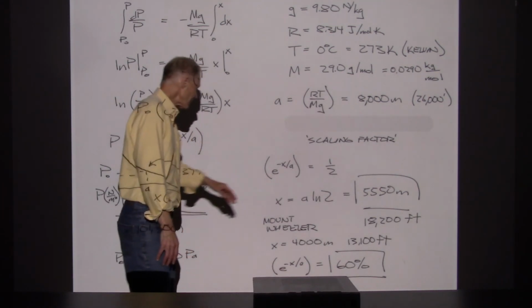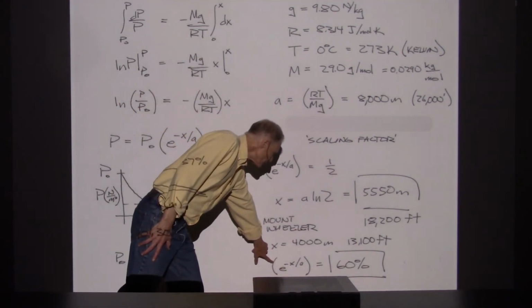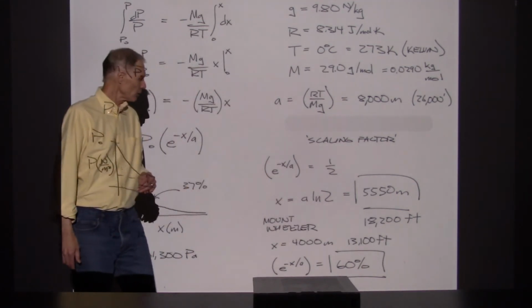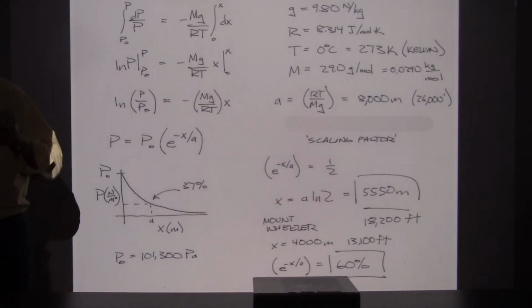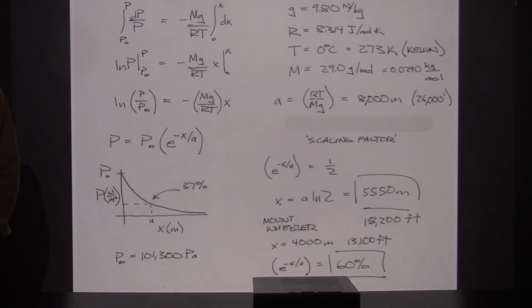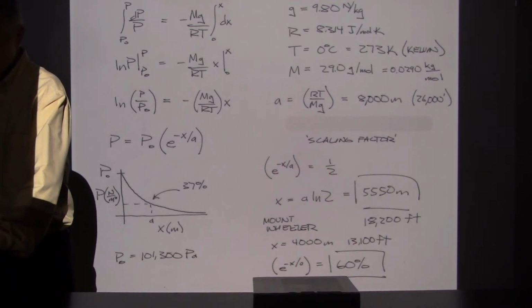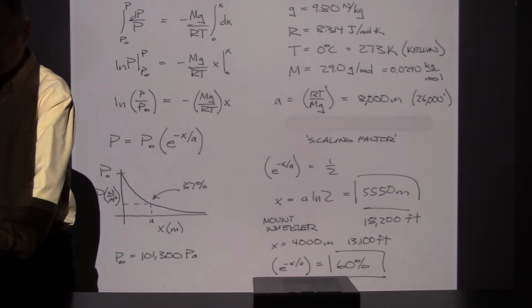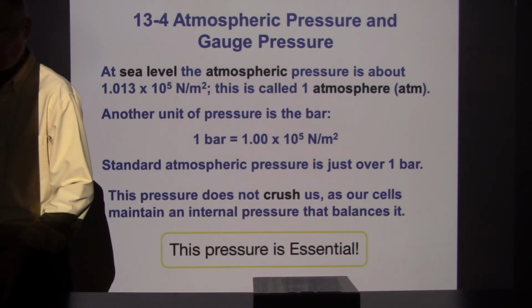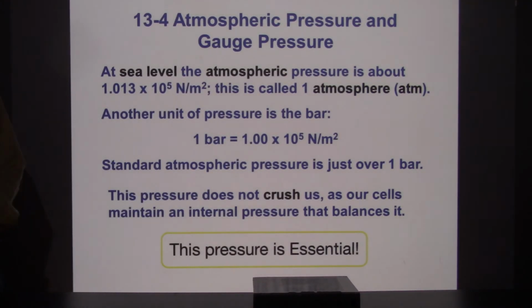So putting that number into the exponential drop-off, at that elevation, the air pressure was down to 60%. So only 60% of the same pressure that was at the surface. All right. So kind of interesting, and I think important that people have an idea about properties of pressure and density and how that drops off with distance.